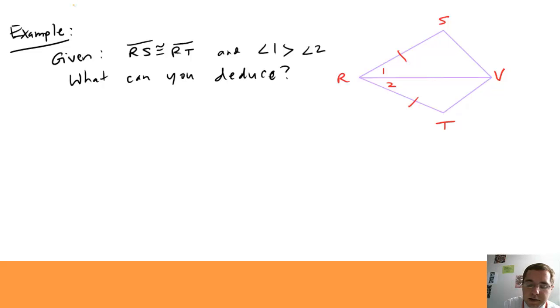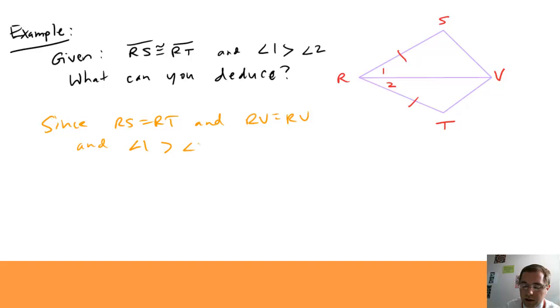Well, since RS equals RT and RV equals RV, we are going to use the reflexive property. And angle 1 is greater than angle 2, then we know the side opposite angle 1 in triangle RSV, which is SV, must be greater than the side opposite angle 2 in triangle RTV, which is TV.